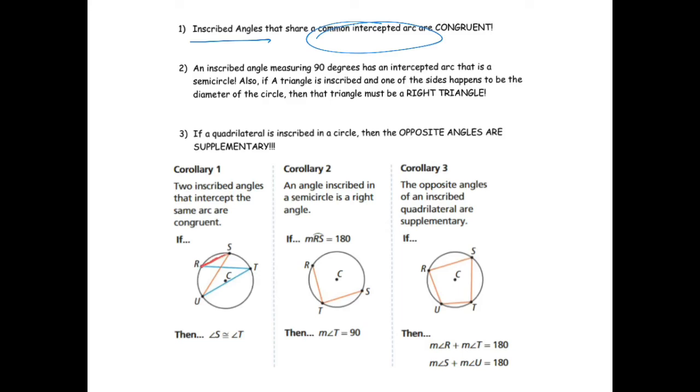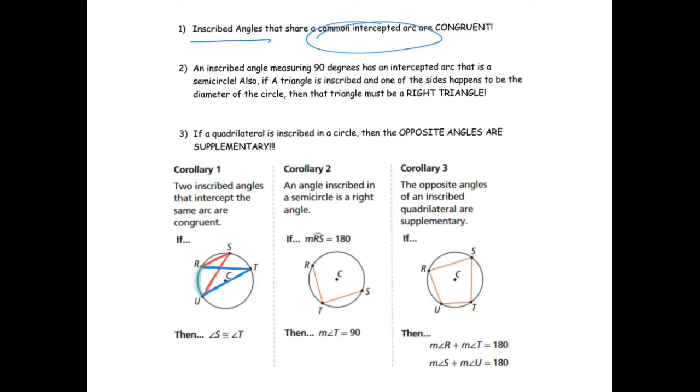I've got this inscribed angle, RSU, and its intercepted arc would be arc RU, and then I've got this other inscribed angle, and its intercepted arc is also RU.